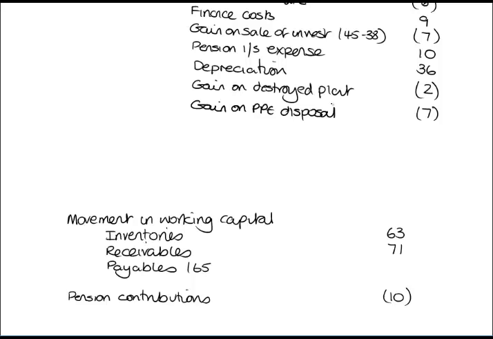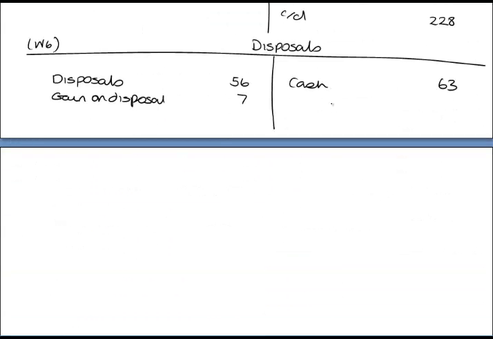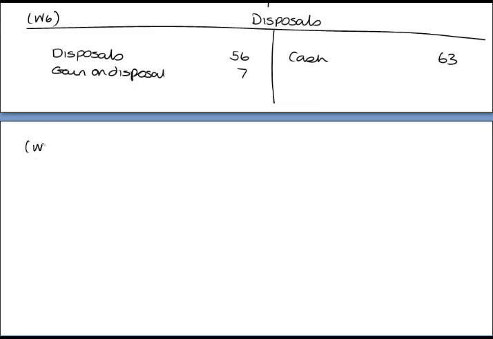The remaining additions of PPE comprise imported plant and equipment from an overseas supplier. This is looking a little bit complicated, so I'm going to open up a new note in respect of currencies. And let's work out what's happened here.